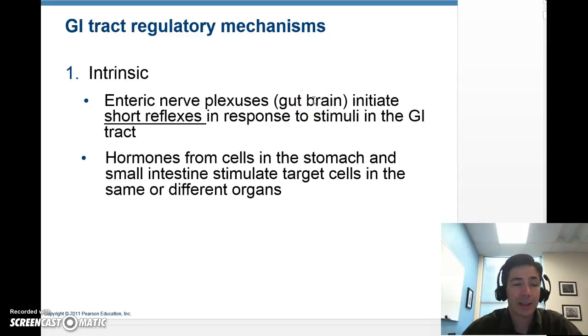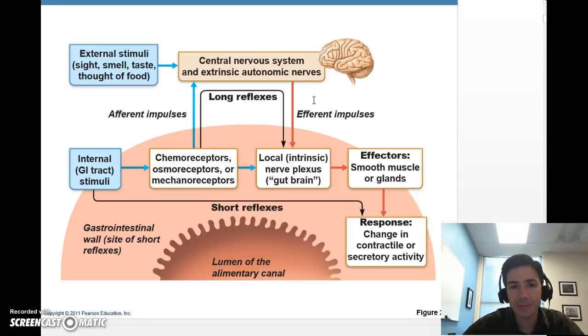So these neurons allow for different parts of your digestive tract to coordinate contractions so that, let's say, when the small intestine is emptying out, the large intestine is making room for it. And you also have a number of different hormones which operate in short range just within the digestive tract so that, again, one part of your GI tract can communicate with another. So those are all, as it says right here, short reflexes within the digestive tract coordinating secretions and contractions.